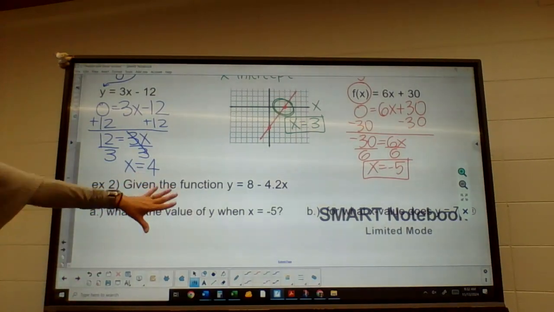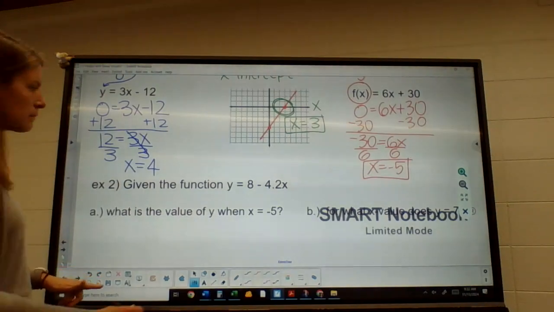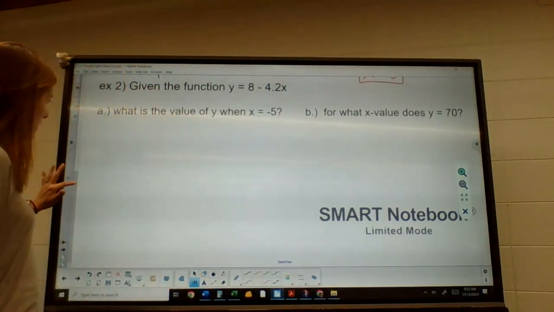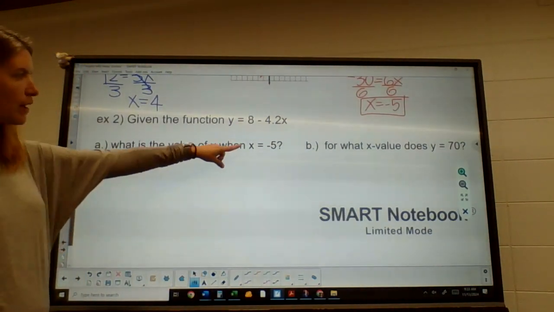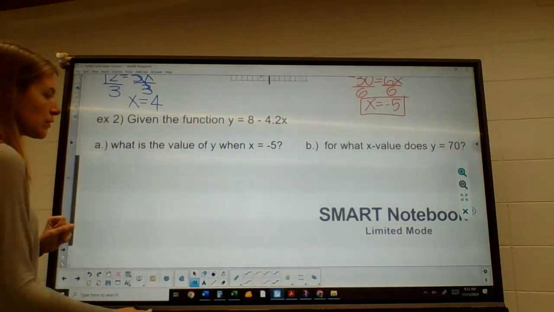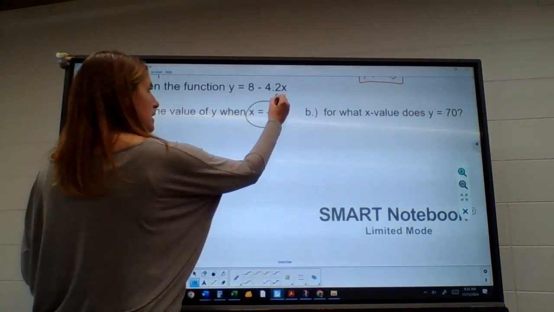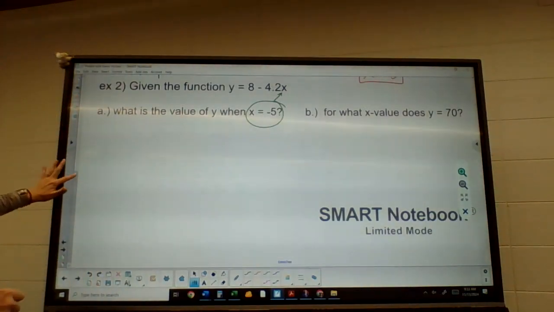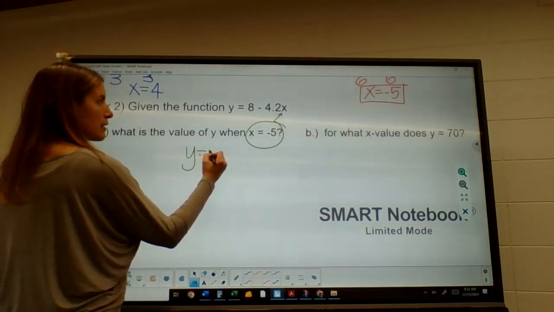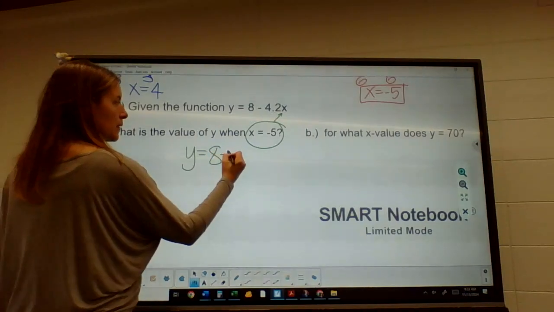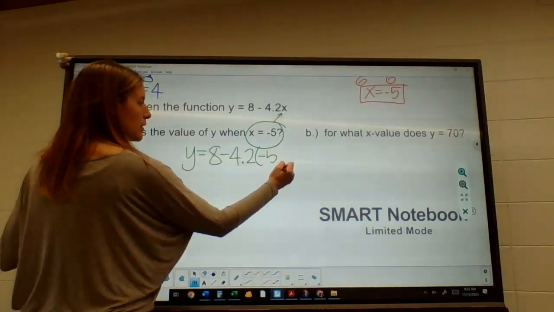So again, here they're just giving us specific values. So they're saying what value is y when x is -5. So in this problem, they're telling us to put x in as -5. So that's the information they're giving us. So we're finding y then. So times a -5.